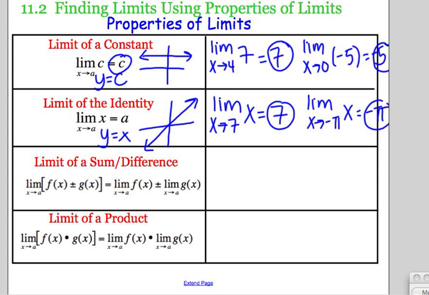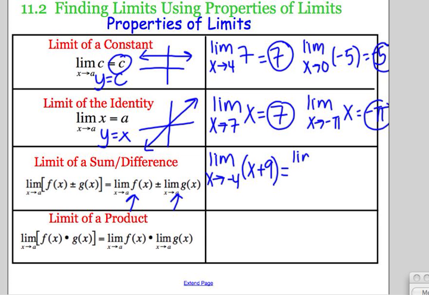The sum and difference. The limit of a sum or the limit of a difference can be broken up into two limits and the sign stays the same. So for example, if I have the limit as x approaches negative 4 of x plus 9, this is a sum, so I'm going to break it up into two limits.